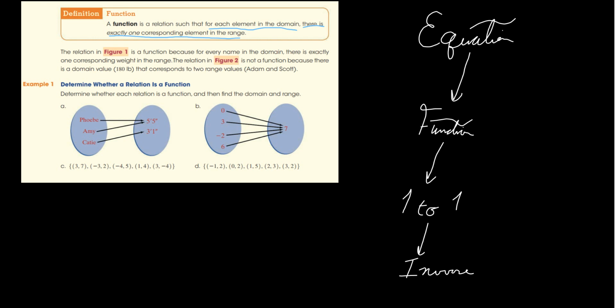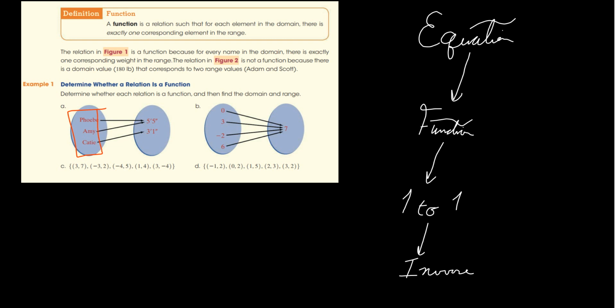Now, here we go. This is why I said today's going to be a monster. So we're going to dial it back just a hot second, and we're going to look at this with some handy dandy drawings, as well as some ordered pairs. Okay, so let's look at A real quick. Looking at the domain, does every element in the domain go to exactly one element in the range?